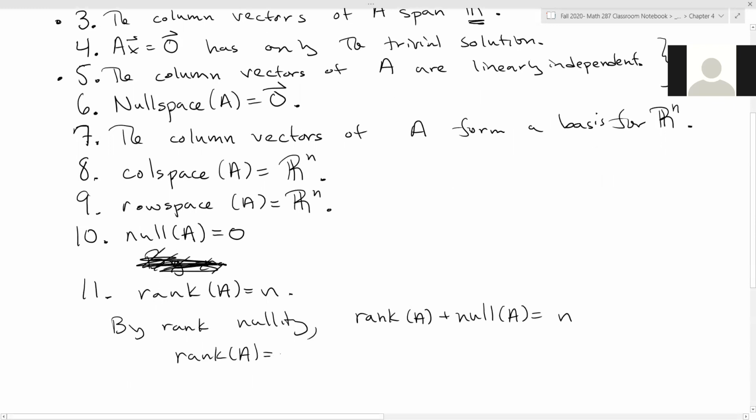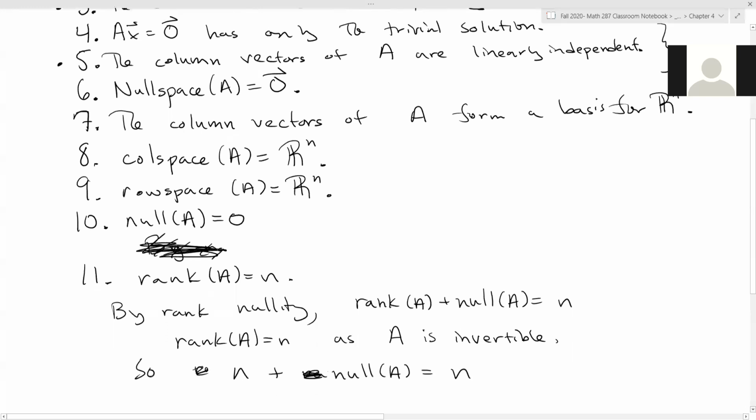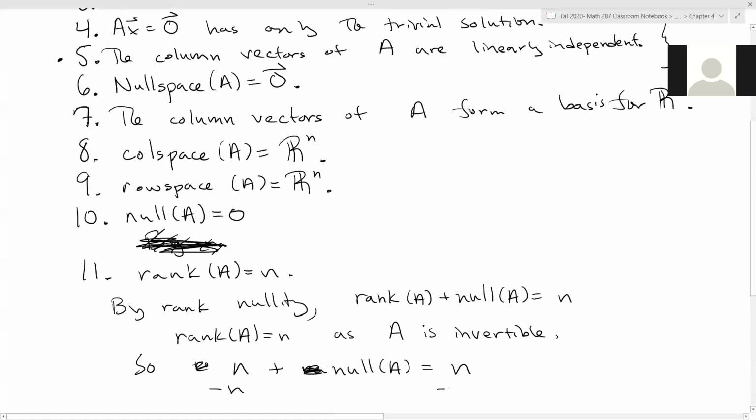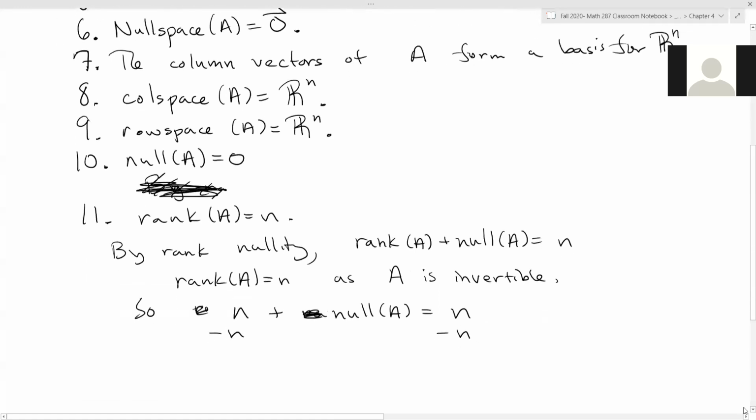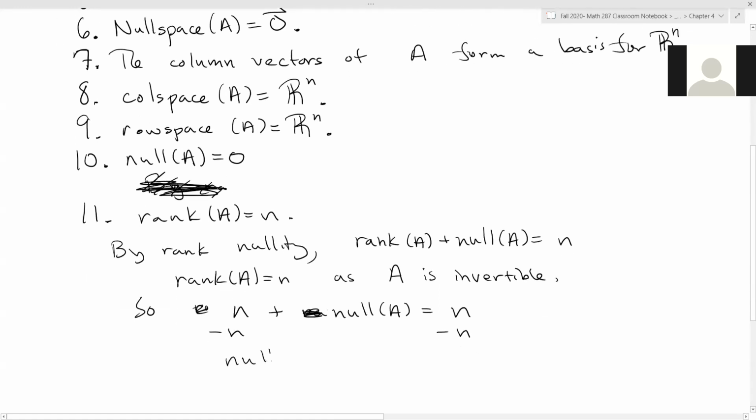Rank of A equals n, as A is invertible. So n plus the nullity of A is equal to n. Subtract n from both sides, and what we get is that the nullity of A is equal to 0.